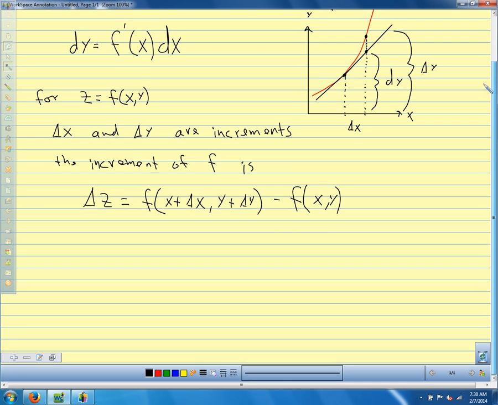So let's make a little sketch, a three-dimensional sketch. So our coordinate system down here. And we have a surface up here above the xy plane, some kind of surface.